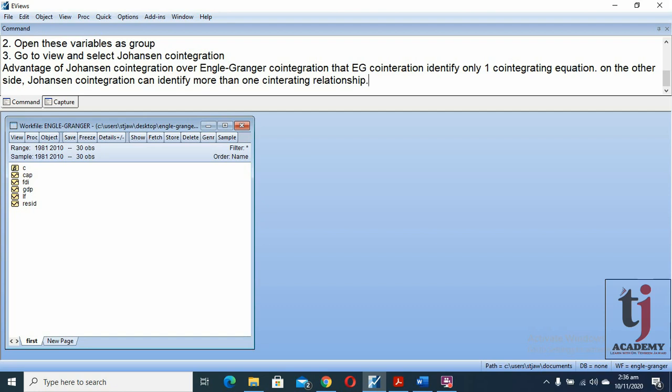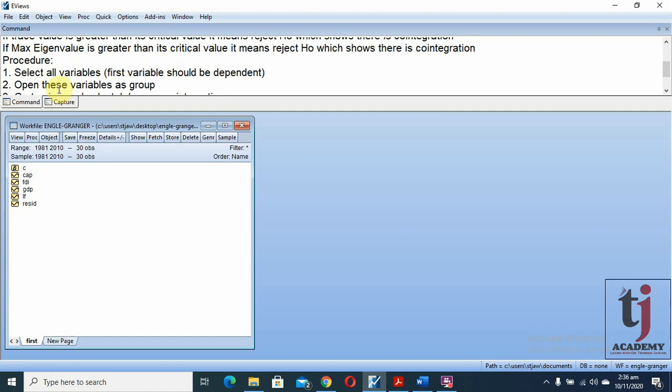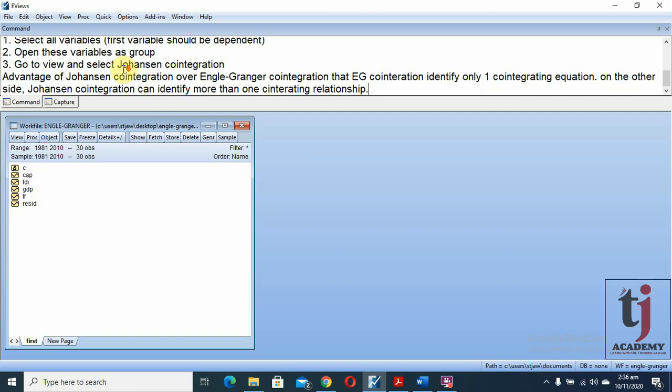Now we are moving towards the procedure. First select all variables, the first should be the dependent one. Here we have the model where GDP is the dependent variable and labor force, capital and FDI are independent variables.